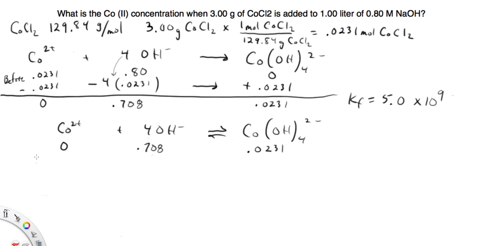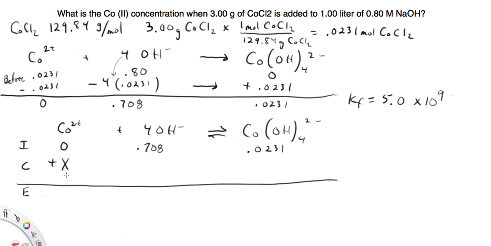Okay, now, again, this is going to be our ICE box, so initial, change, and then at equilibrium. Cobalt has to go up, and we don't know how much it's going to go up, so we're going to put plus X. That's what we're trying to figure out. We're trying to figure out what is the cobalt-2 concentration. What's this going to go up? Okay, you should have said 4X.